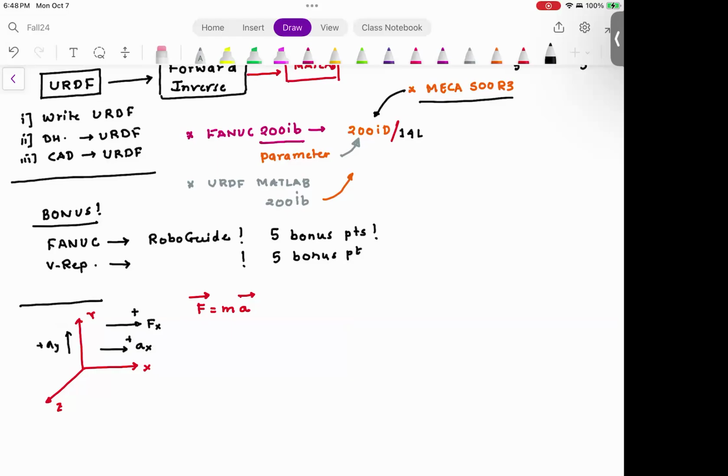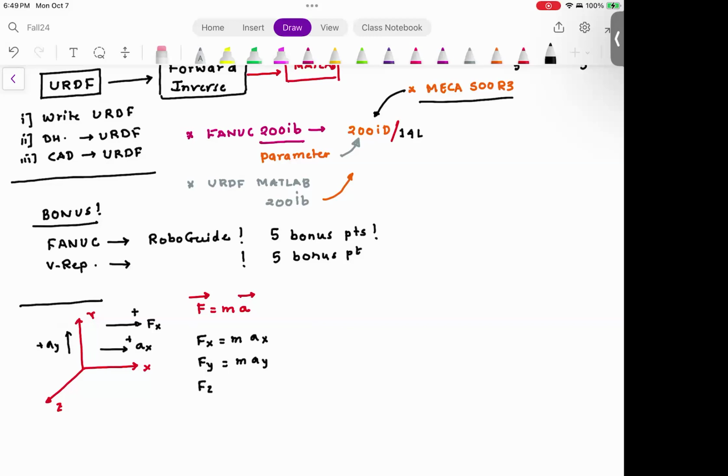Everyone understood this? Now we are going to write down the forces and accelerations on each body, and sum all the forces, because understand, this is a vector. You can have forces in the x direction, acceleration in the x direction. You can have forces in the y direction, acceleration in the y direction.